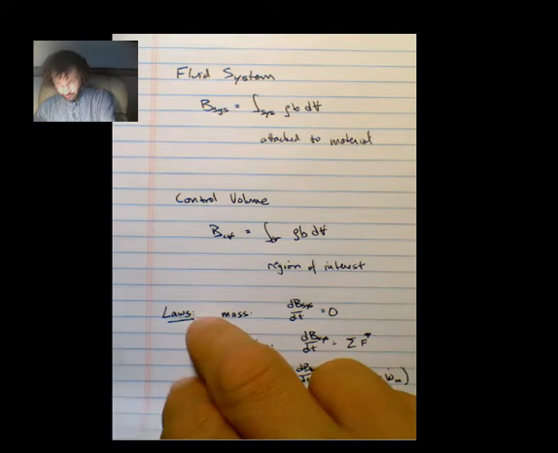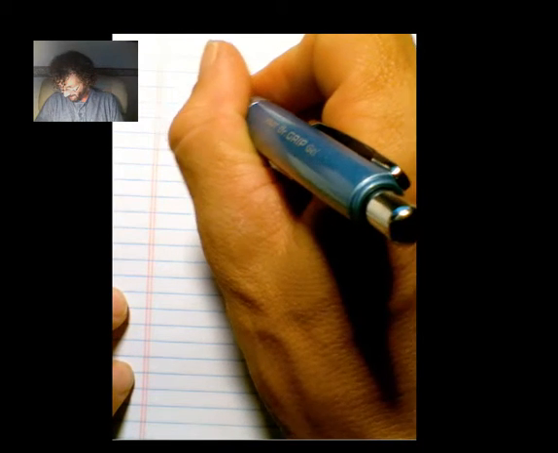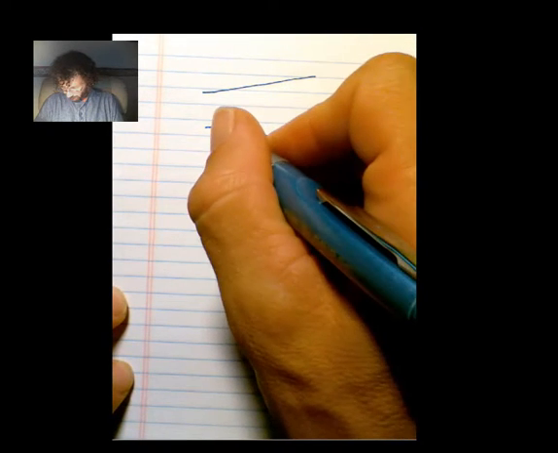And we're going to do this first in 1D, and then we'll do it in the general case, as I said. So let's consider the flow in a duct of some sort.